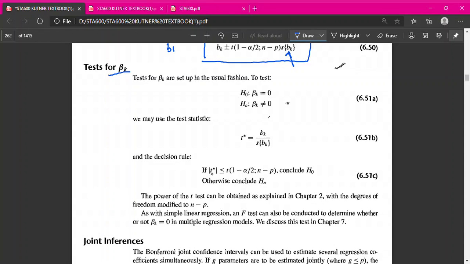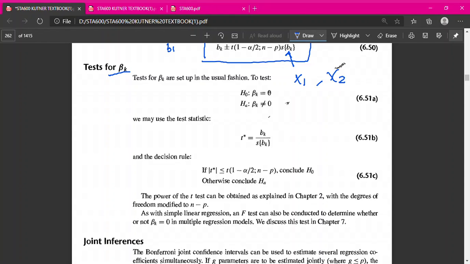Okay, so kat sini beta k equal to 0 or beta k not equal to 0. So it depends pada your beta, you nak test untuk beta 1 ataupun beta 2. Kalau you nak check whether x1 is significant ke tidak, so you check kat sini will be beta 1 equal to 0, beta 1 not equal to 0. Kalau you nak check x2 ni significant ke tidak, so here will be beta 2 equal to 0, beta 2 not equal to 0.